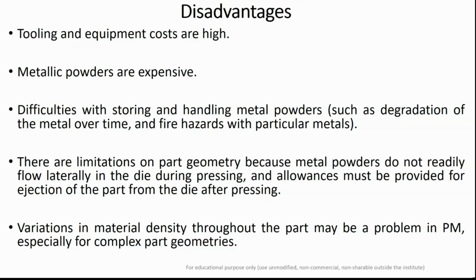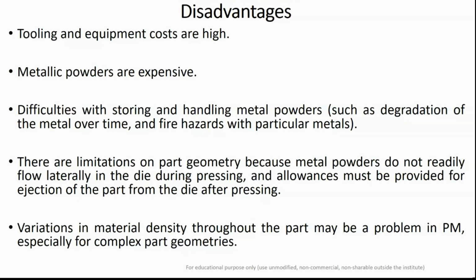And variation in the material density throughout the part is a very big problem, especially for complex part geometry. Suppose you have a die and punch arrangement, and you have poured your powder into the die cavity and you have pressed.